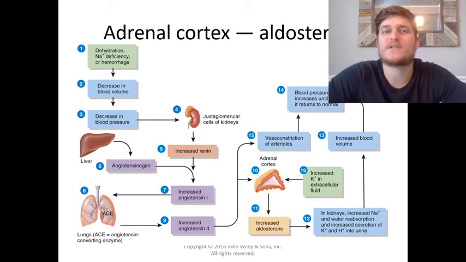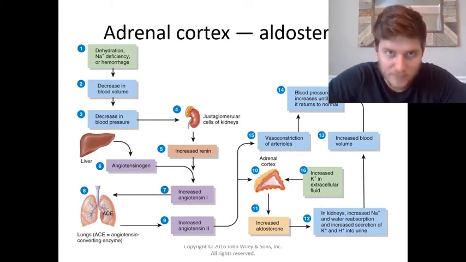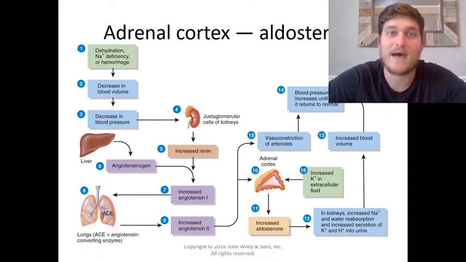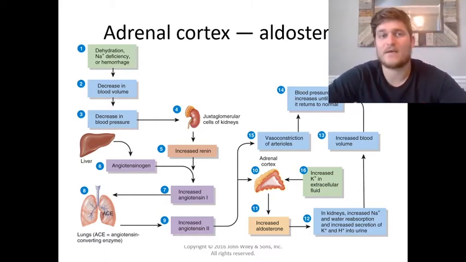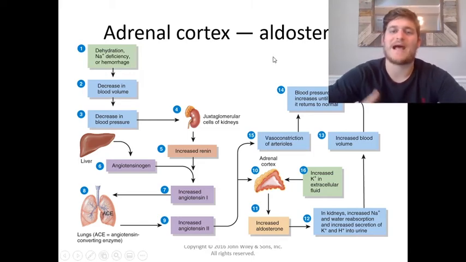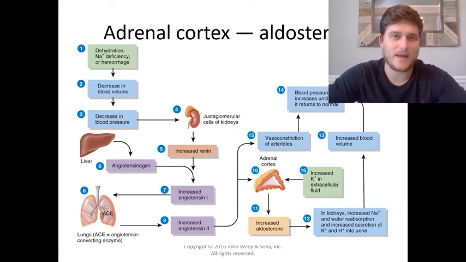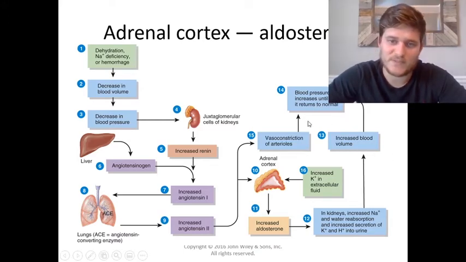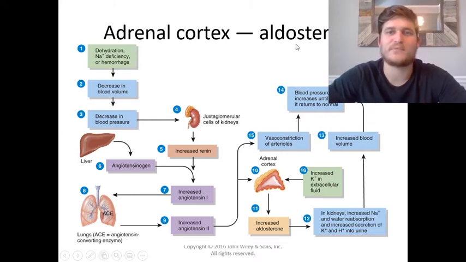The adrenal cortex will also regulate our blood pressure, and it does this through a process called the renin-angiotensin aldosterone system. And I do want to just highlight for a second that this hormone aldosterone leads to increased blood volume and increase in blood pressure.